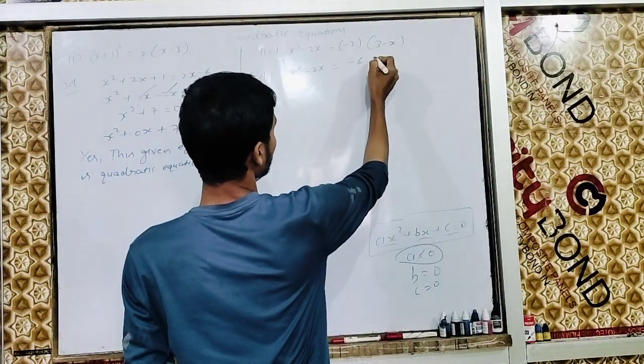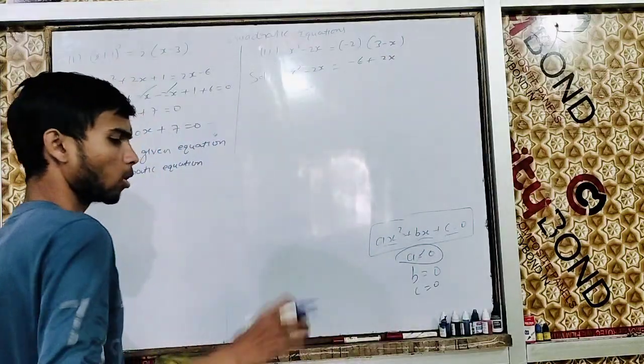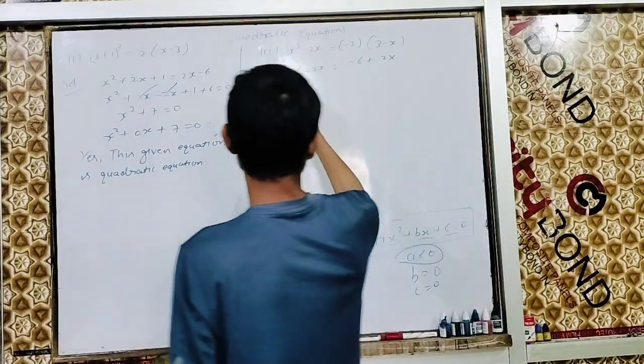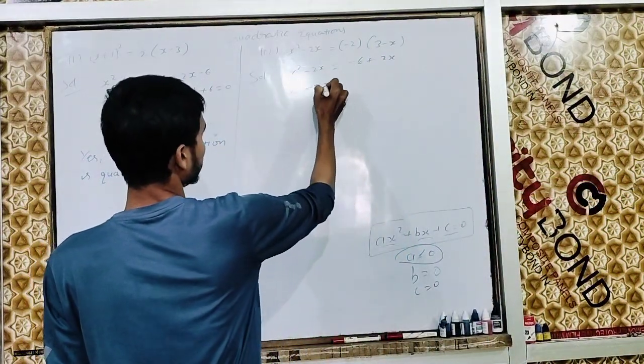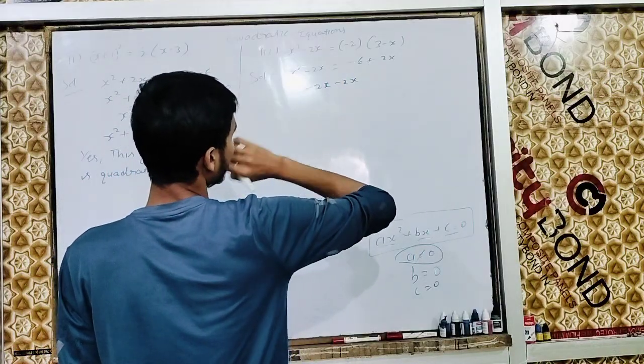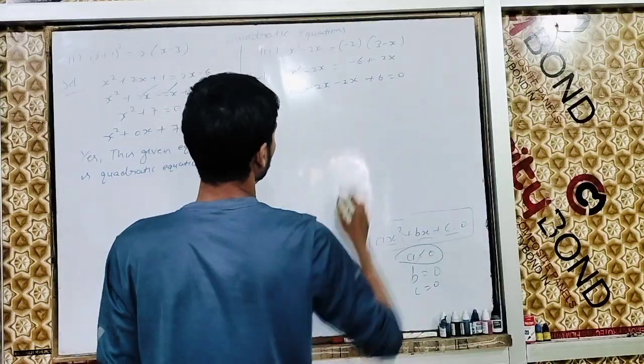So this will become 6, then minus and 2x. Put all variables on one side. Here you can see x square minus 2x, plus, then it will come to this side with the negative, and it is minus 6. Okay.